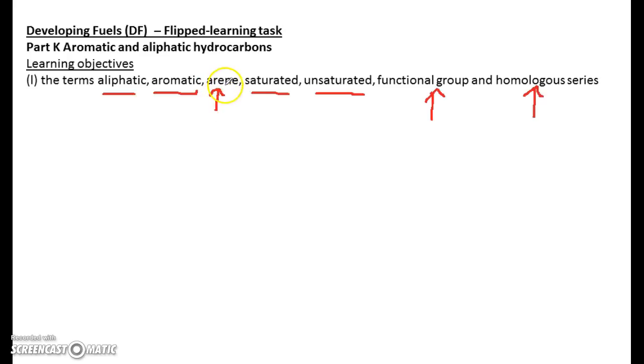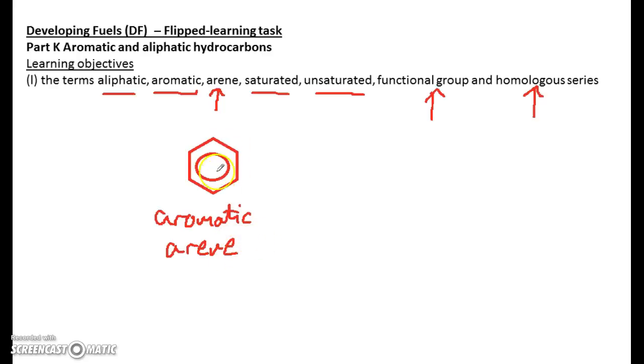Starting with arene, arene is a term that you'll see used for aromatic hydrocarbon, so just the same idea as aromatic. Sometimes it'll be called aromatic, sometimes you'll see the molecule described as an arene. So benzene is an arene.